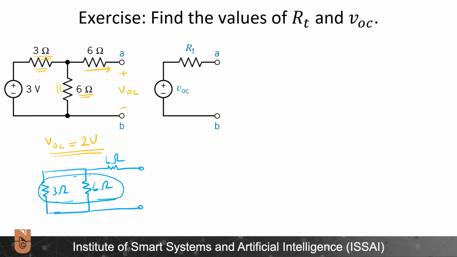For instance, if we have 3 ohms in parallel with 6 ohms, the result is 2 ohms, and 2 ohms in series with 6 will give the R Thevenin as equal to 8 ohms. So the value of the V open circuit is 2 volts, value of the R Thevenin is 8, and I found the Thevenin equivalent circuit for this circuit.